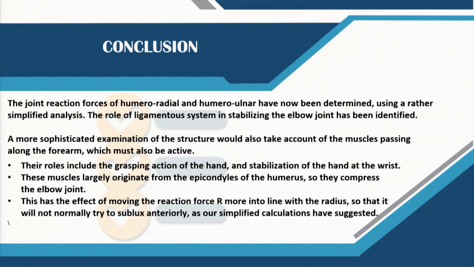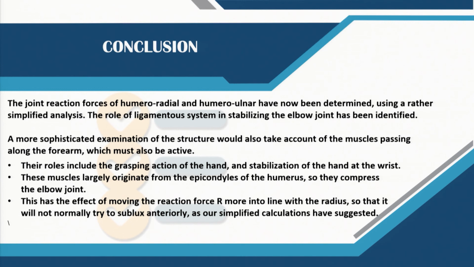The role of the ligamentous system, most importantly, in stabilizing the elbow joint has been identified. However, a more sophisticated examination of the structure would also take into account the muscles passing along the forearm, which must also be active. In our simplified analysis, we did not account for these muscles.